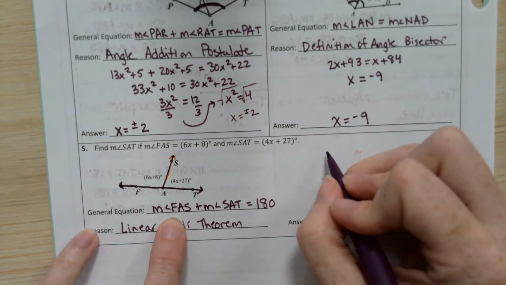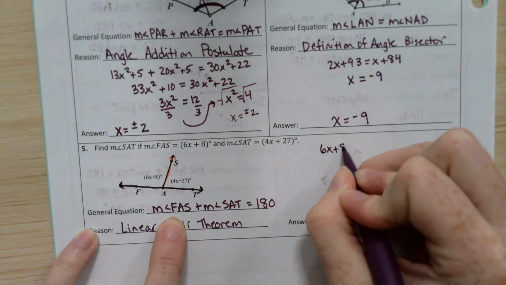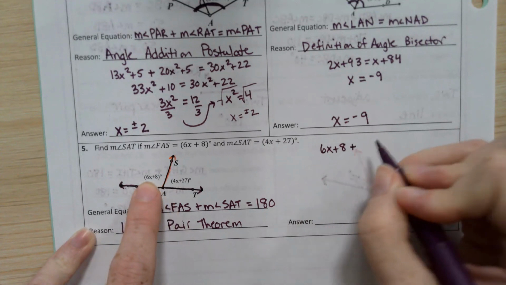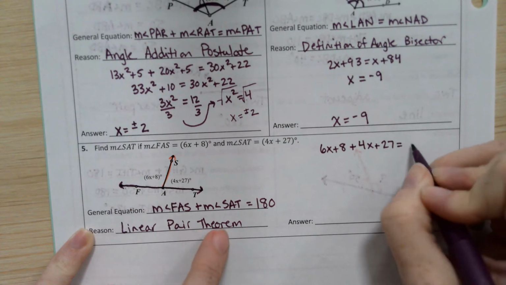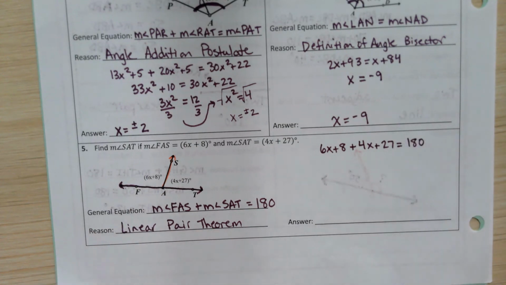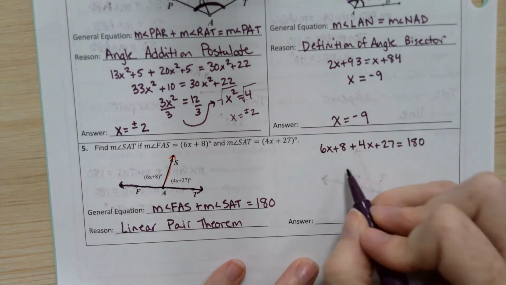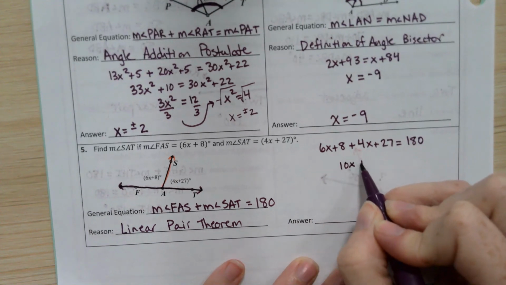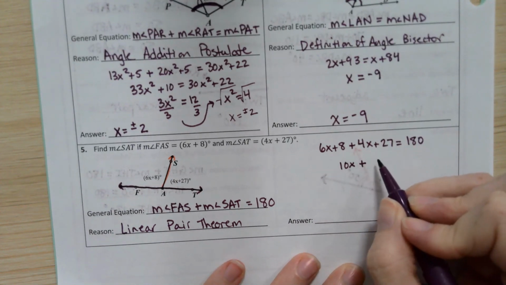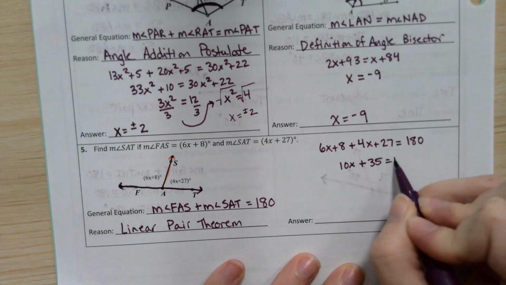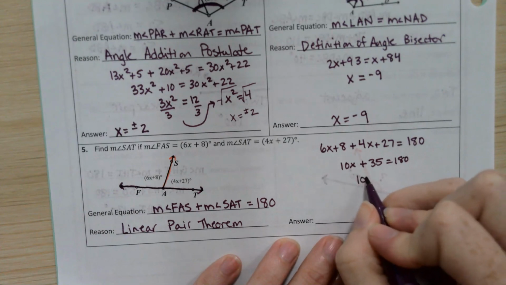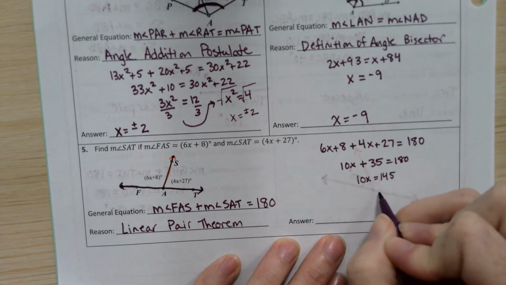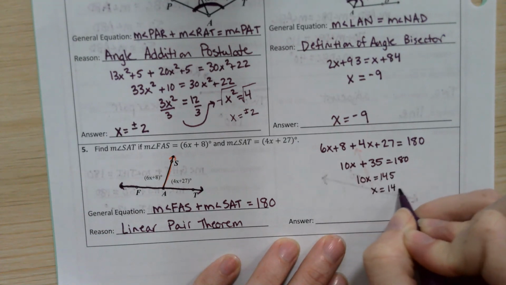So if I substitute, I'm going to take that 6x plus 8 from the angle on the left, the 4x plus 27 from the angle on the right, add those together to be equal to 180. Combining like terms is going to give me 10x plus 35 equal to 180, and then we can finish out our solving for x and do a quick double check to see if that's the goal or if we've got more to do.